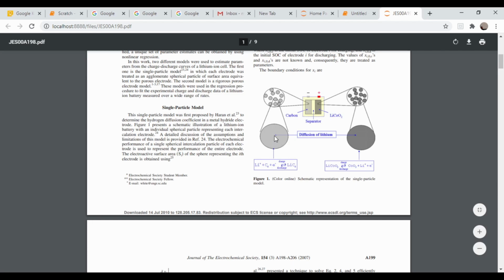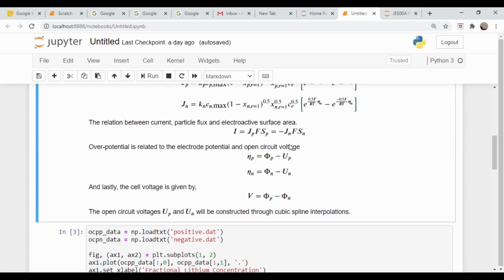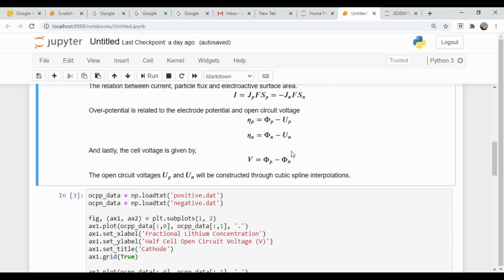So as the concentration of lithium changes, the voltage of each of these electrodes will change. And that is what that U is there. And then lastly, the cell voltage is just the difference between the two electrode voltages. Now, one of the problems we have is these open circuit voltages for each electrode are generally measured from half cell measurements, and we don't have an equation for this.